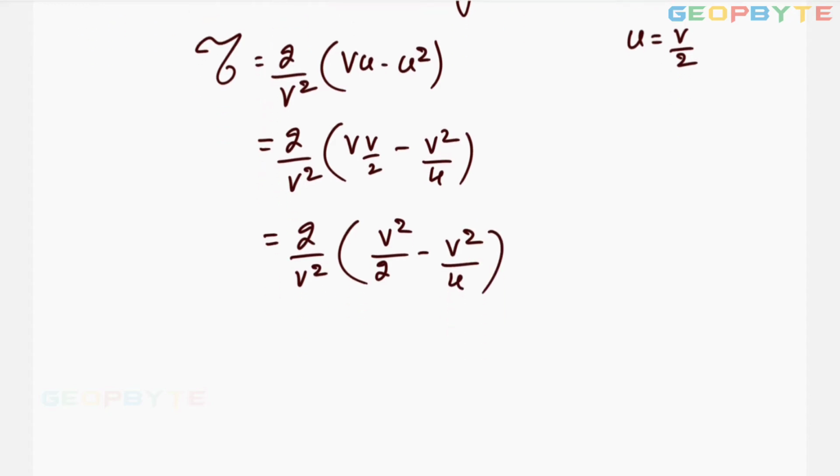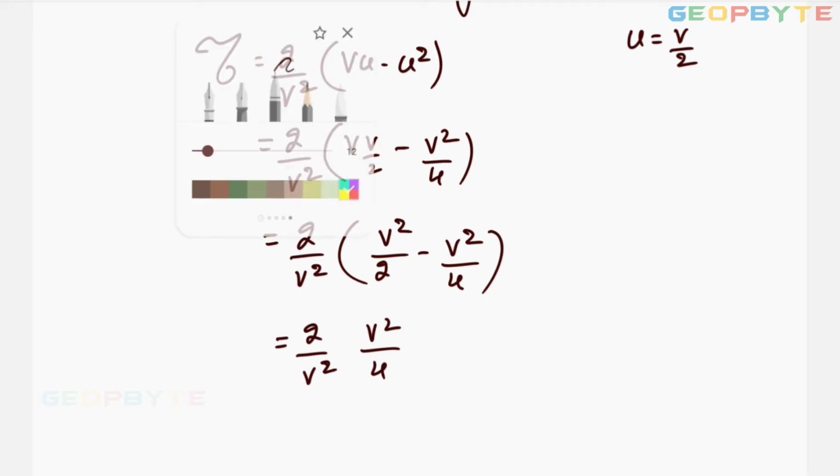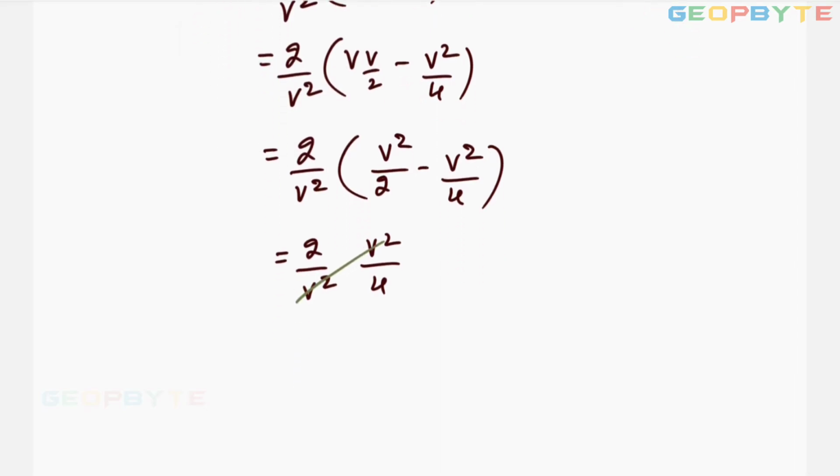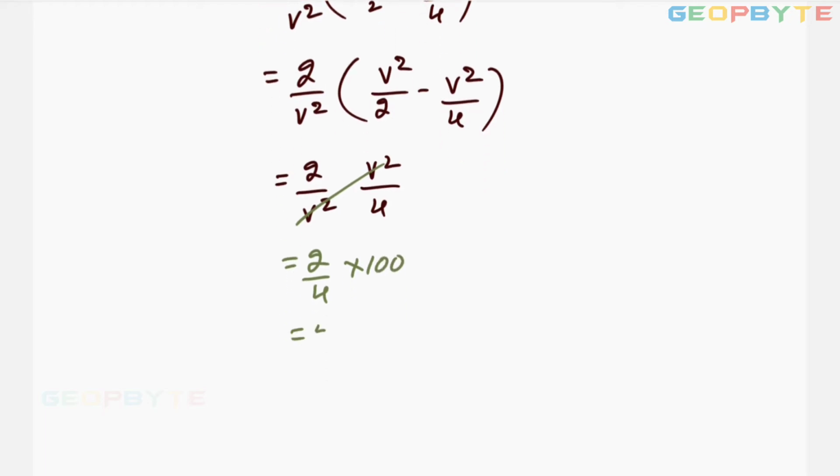V square by 2 minus V square by 4 is V square by 4. So 2 by V square into V square by 4. This V square cancelled. Finally it is 2 by 4 into 100. It is equal to 50%.